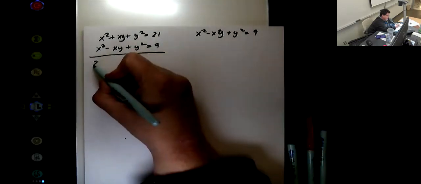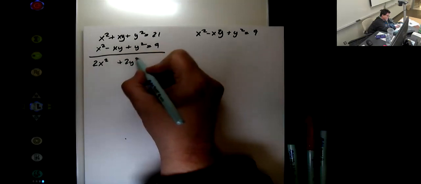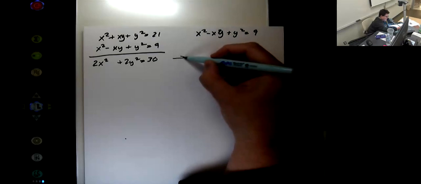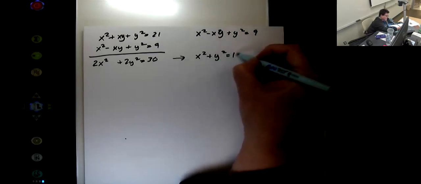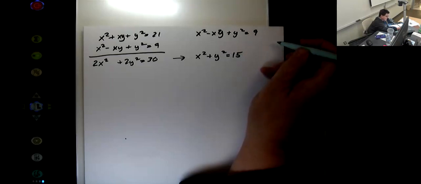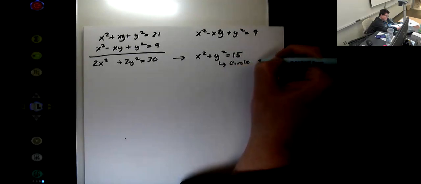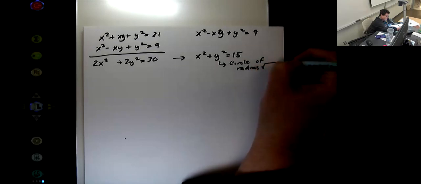So if I add them up, I get 2x squared plus 2y squared equals 30. And if I divide by 2, this becomes x squared plus y squared equals 15. This is a circle, radius square root of 15. We've done circles.